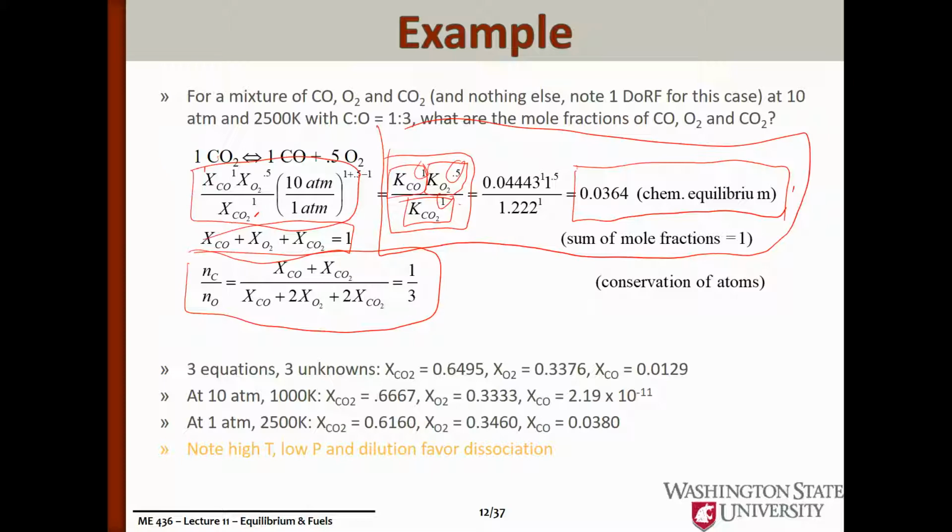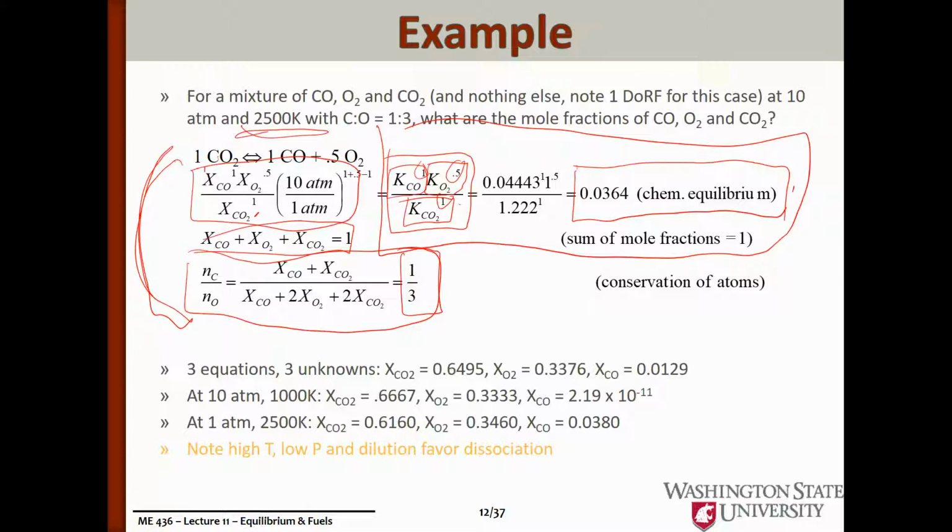I started with some balance, maybe it was all CO and oxygen, whatever gave me a carbon to oxygen ratio of 1 to 3. So with these 3 equations solved simultaneously, I can find the equilibrium products of this dissociation reaction.